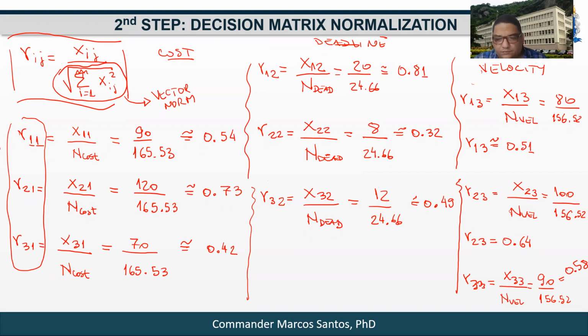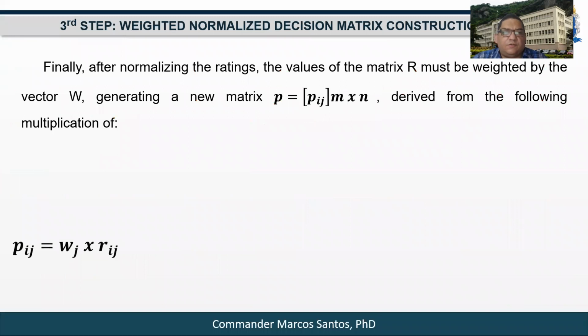Now, we need the weighted normalized decision matrix. So let's see the normalized matrix.